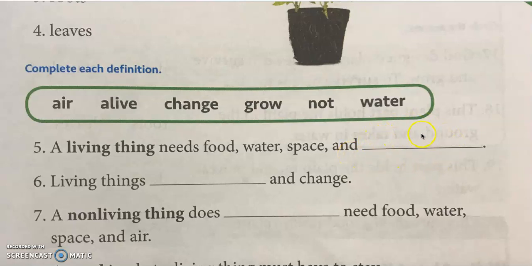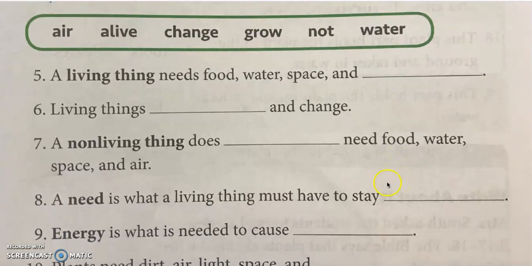And we know we're all living things too because we need food, water, space to live, and air to breathe. Right? And living things blank and change. Remember what it was? Right, they grow and change. Living things grow and change. And so do we. So that's why we are living things.